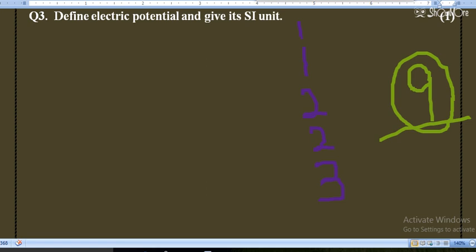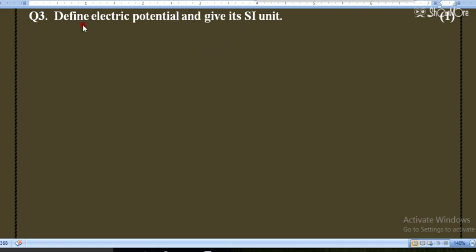in the unit test. The first question, question number 3, said: define electric potential and give its SI units. So students, we have to define electric potential.